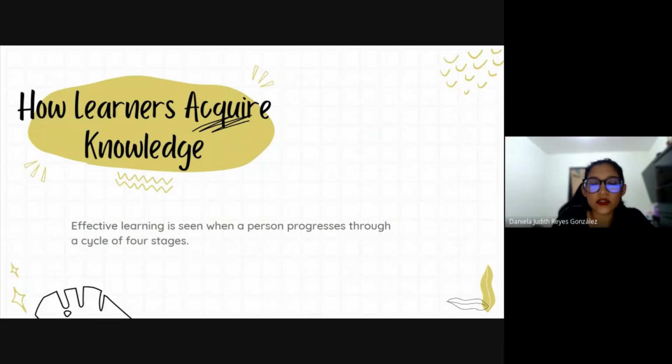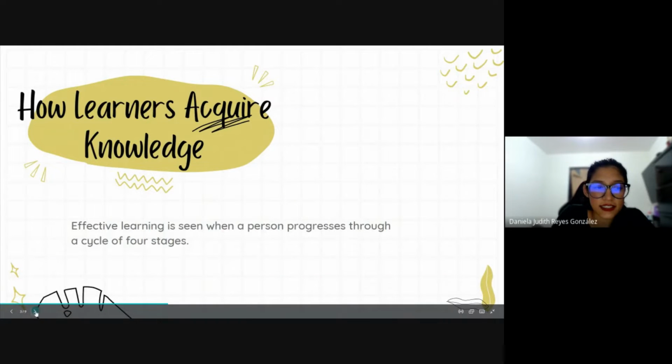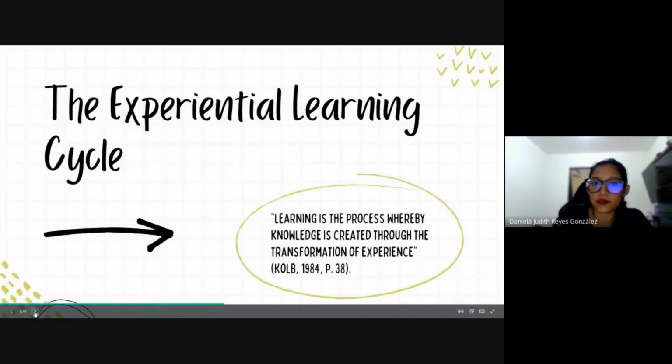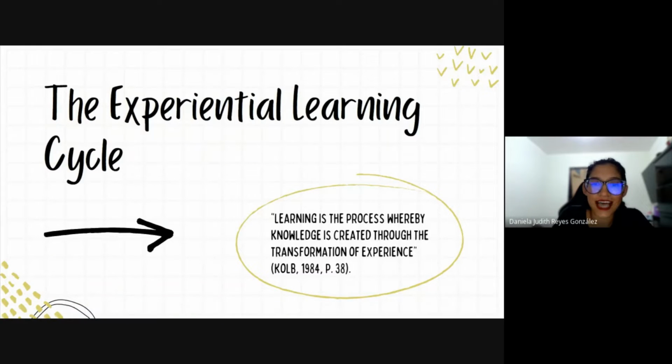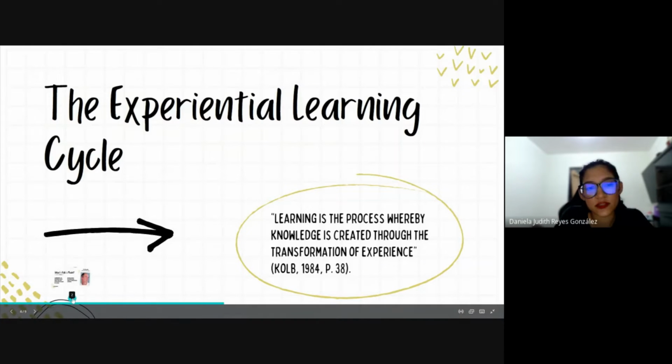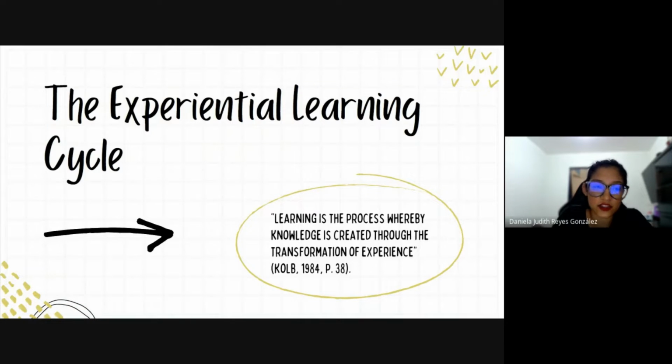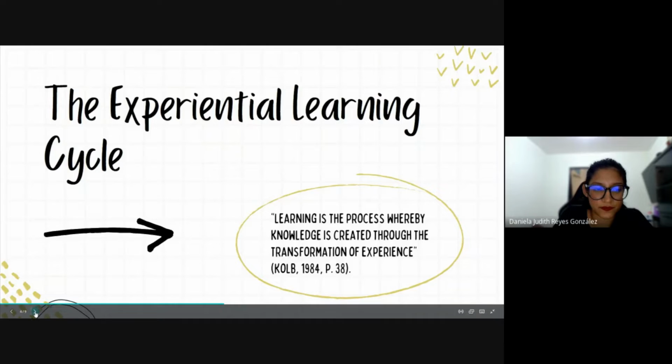And this can be achieved only through a cycle of four stages. These stages are called the experiential learning cycle. This process is where knowledge is created. They transform their experiences, through what they are acquiring, into knowledge.